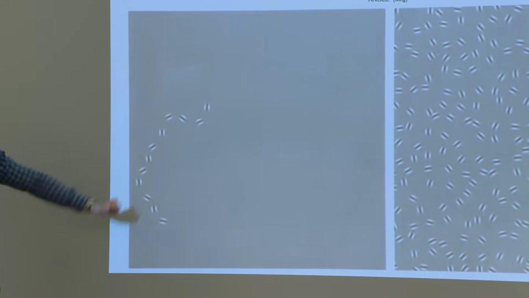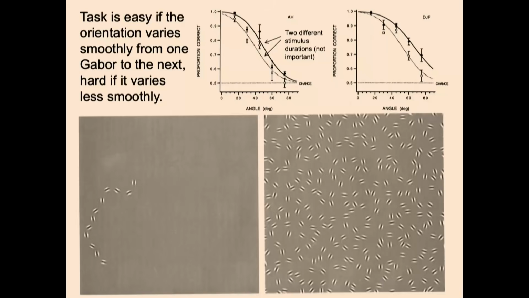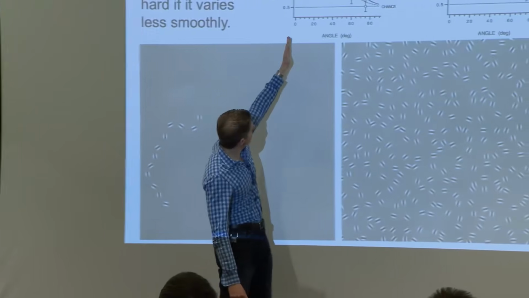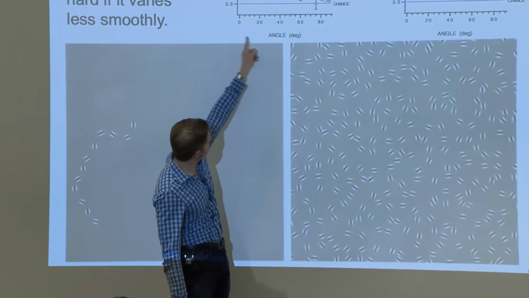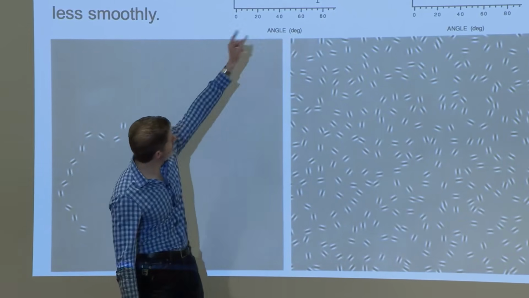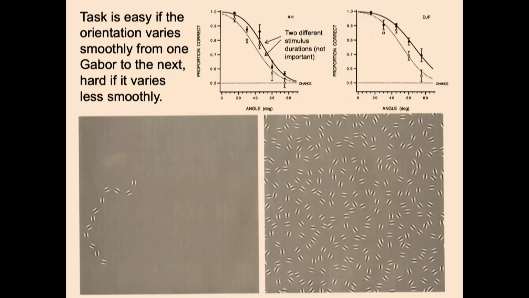Because the relationships between the elements are less like the statistical relationships that you see in the world. And so what the graph is showing is that performance on this task gets worse as the angle between the elements goes down. These are two different participants. The two curves are two different durations, which, as the slide says, is not important for our purposes.